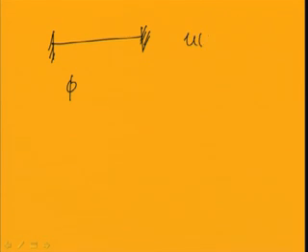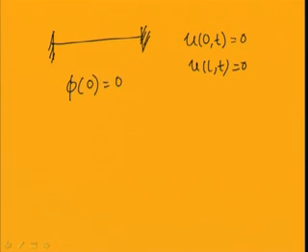For the fixed string we have already found the mode shapes. In this case both ends are fixed, so the displacements are 0. So, u 0 t equal to 0 and u l t also equal to 0 for all time, so you can write phi 0 equal to 0 and phi l equal to 0.